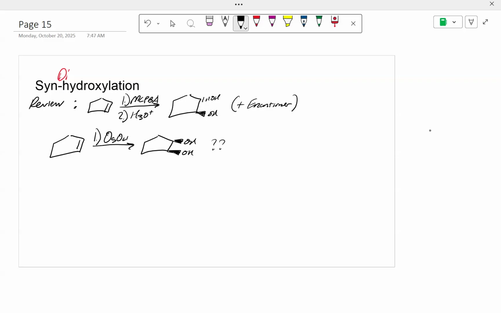One method is to use osmium tetroxide and then sodium bisulfite in water. Now I'm just going to look at the first step in terms of a mechanism. How do we get OHs on adjacent carbons and have it be syn?